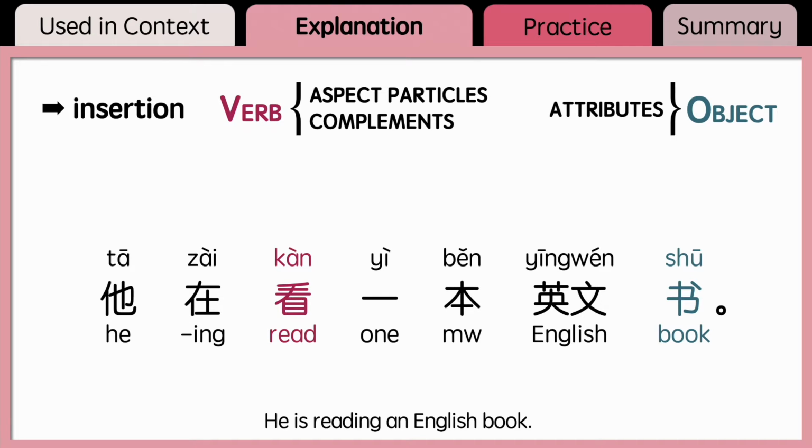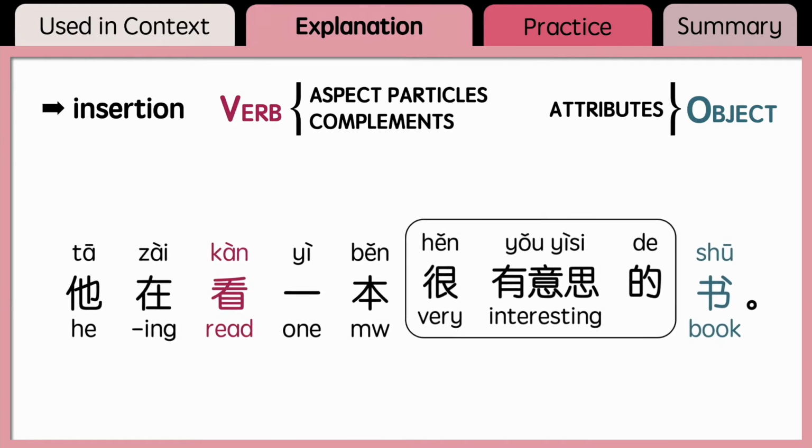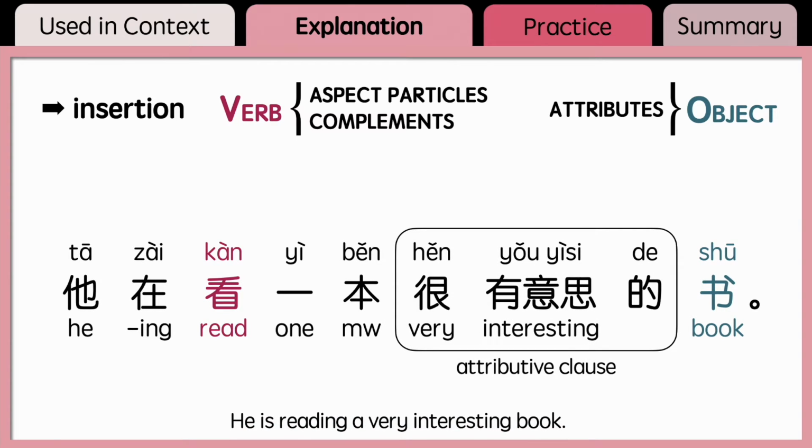If you want to say that he's reading an interesting book, you may add 很有意思 followed by 的 before 书 and say 他在看一本很有意思的书. Here the attributive clause 很有意思的 comes before the object part 书 to modify it.